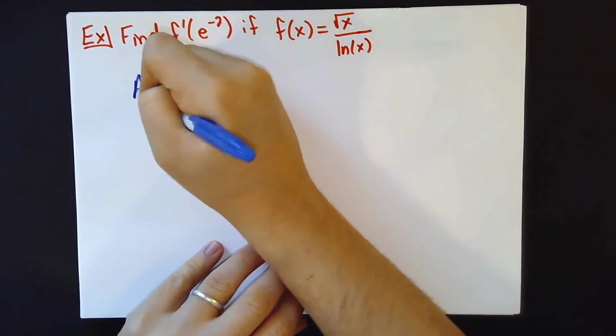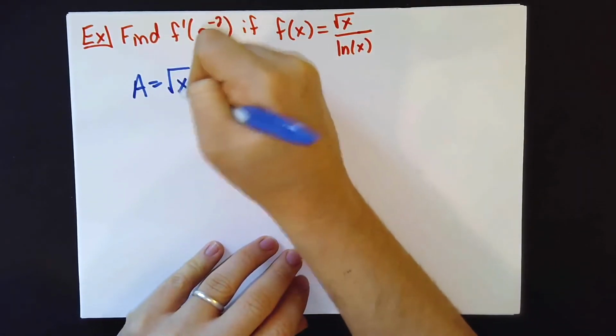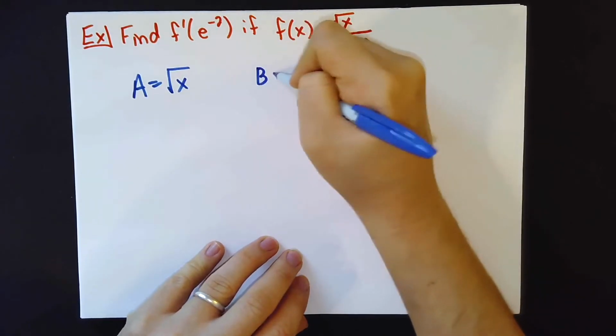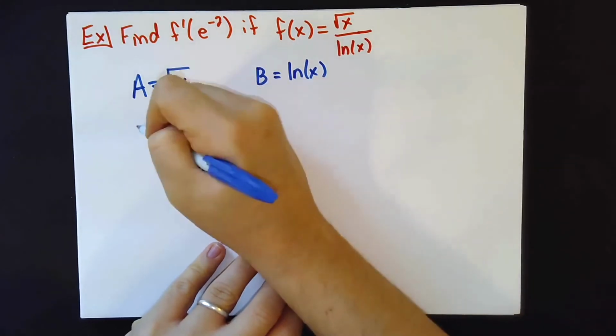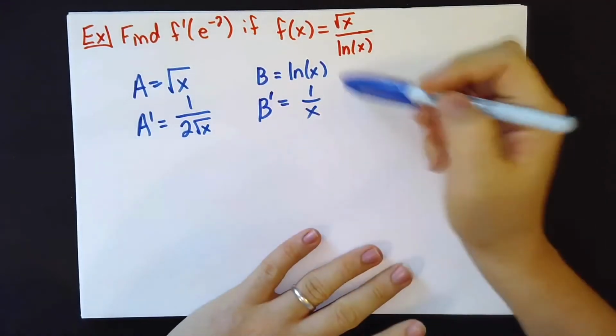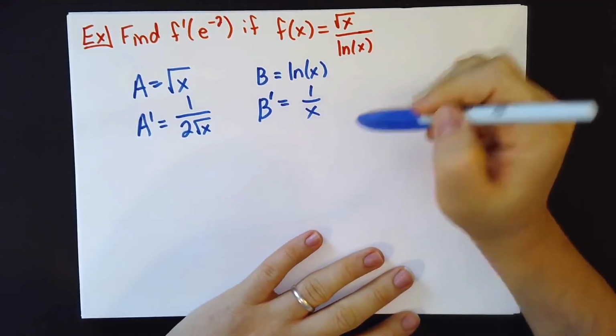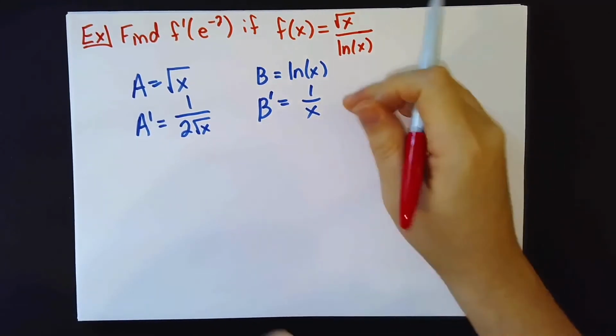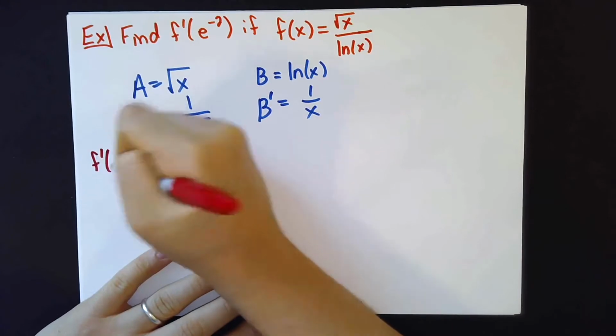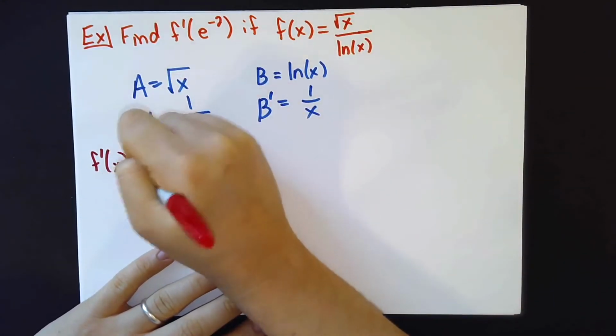So here our a is the square root of x, our b is the natural log of x. Okay, so here are our pieces that are going to go into the quotient rule. So now we're going to write down f prime of x.